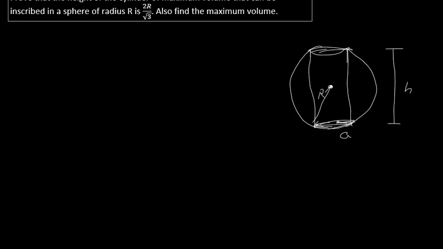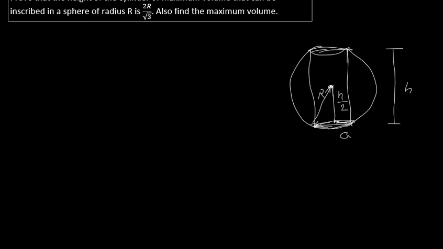So if I join this point with this point, this height I will get h upon 2. The total height is h, so this will be h upon 2 and this is my radius. So from Pythagoras theorem, r square is h upon 2 the whole square plus a square.